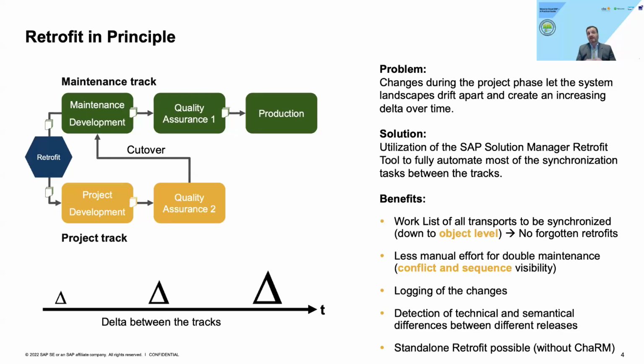There are three levels of automation. The first level is the automatic retrofit. This is done for simple changes that can be automatically imported to the target instance.